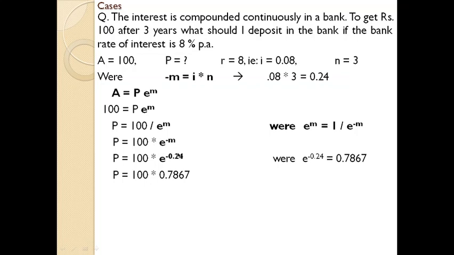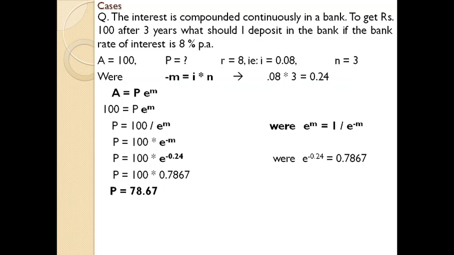So in this case you need not divide 1 by the table value; you can directly use the table value in the equation. I hope you understand the mathematical concept. So you will get the principal amount 78.67.